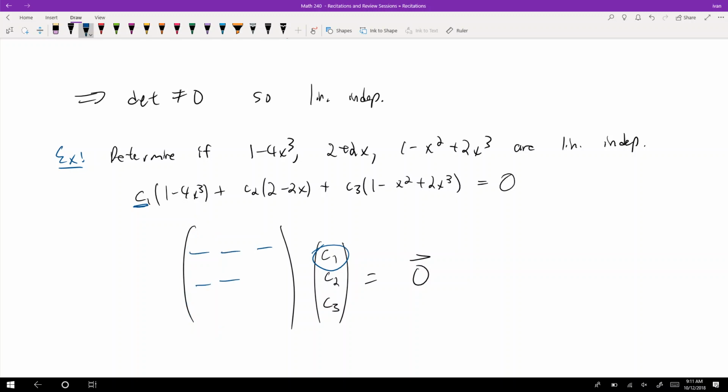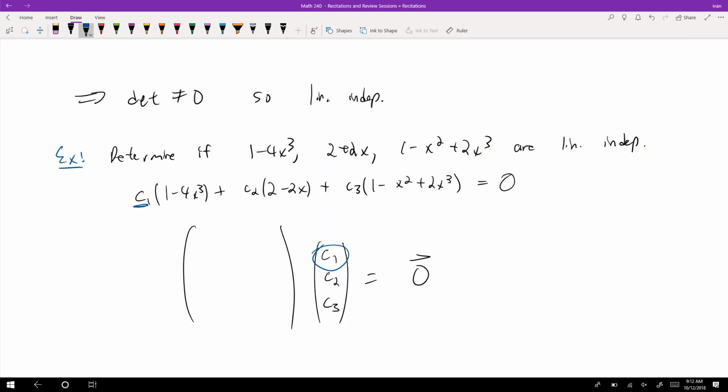If you had entries in here, C1 would only ever hit that first column of entries. So that means I need to make that polynomial 1 minus 4x cubed and put it in the column somehow, since it's only multiplying C1. Anyone have any idea how we're going to do this? 0, 0, -4. Yeah. So that is the idea.